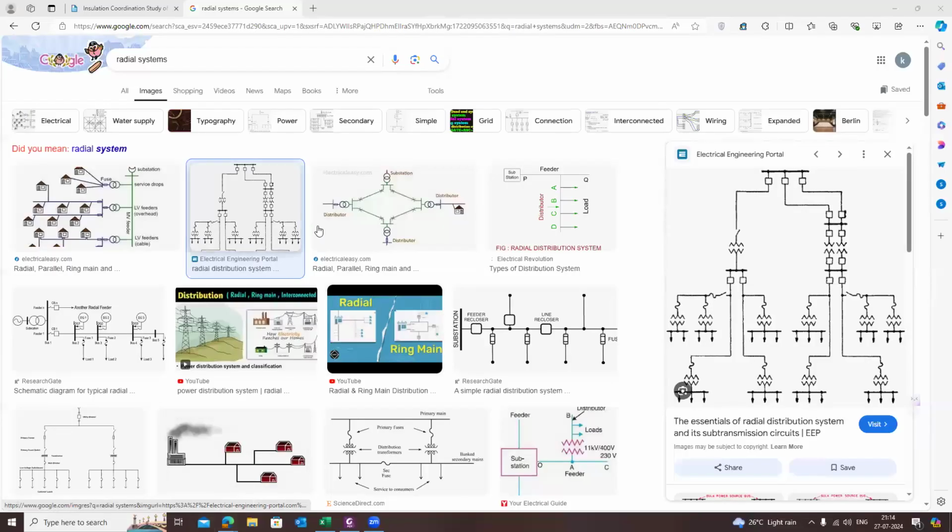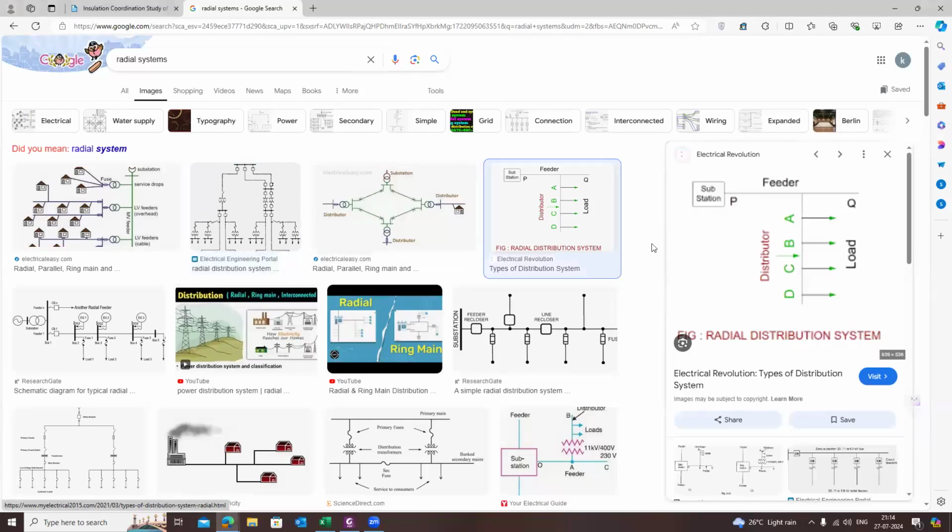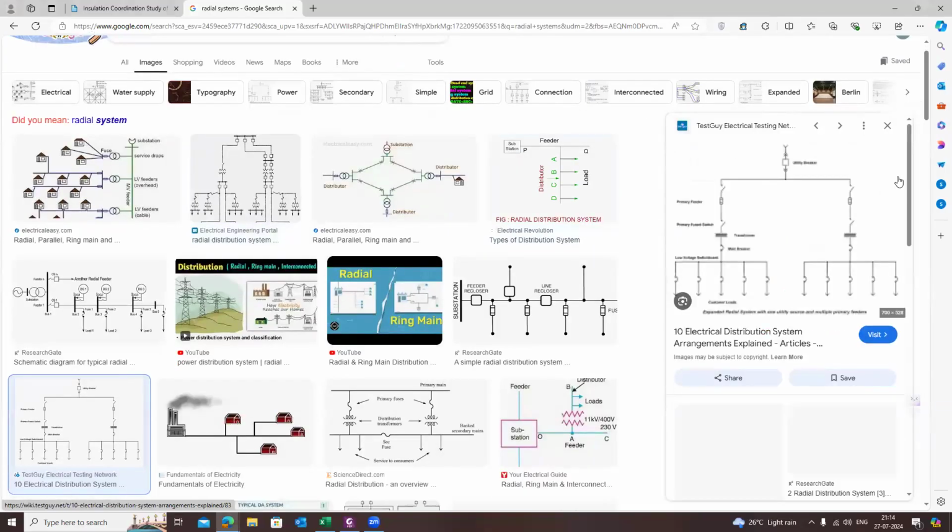I think my screen is visible, right? Yes, sir, visible. So this is simply the radial system.